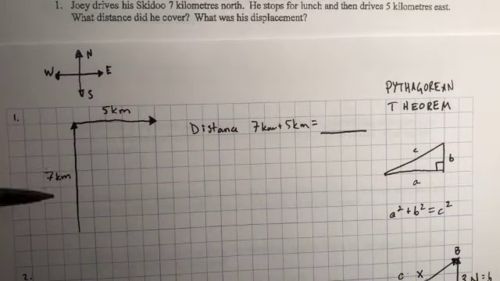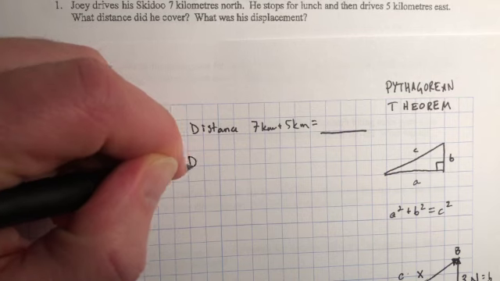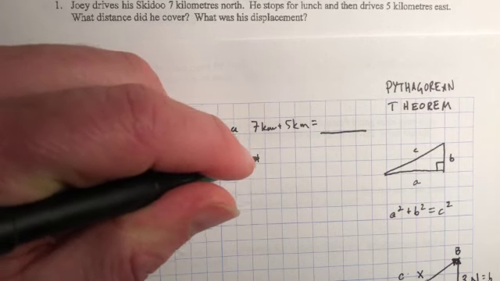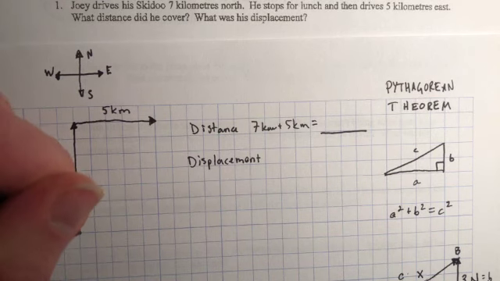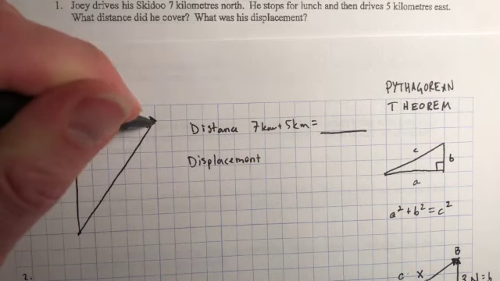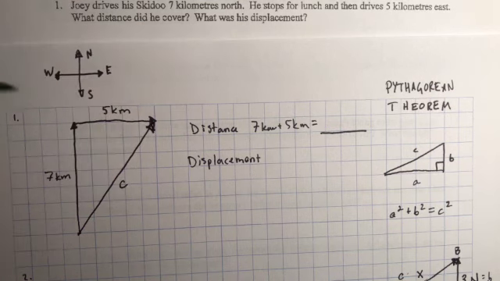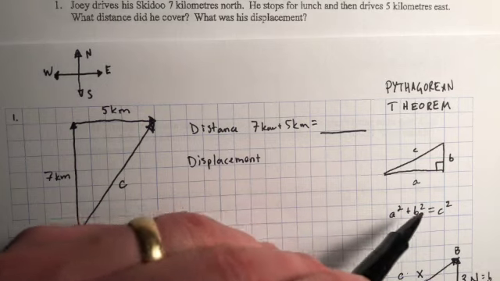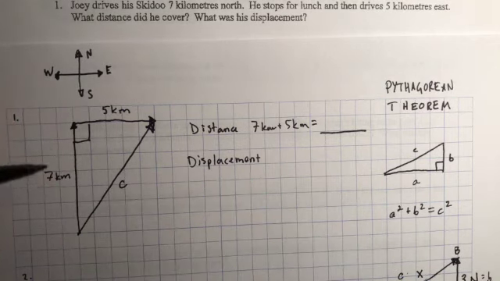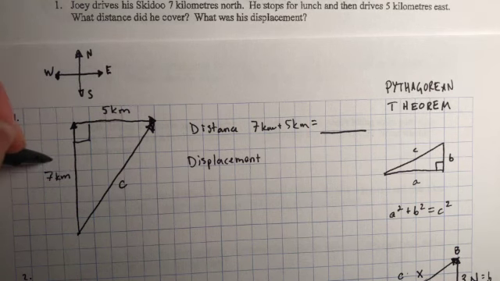But his displacement is going to be from where he started up to where he finished. That's going to be our side C. Now again, it's not oriented the same way I had it over here. This is where my right angle is right here. This is still side C, so we need an A and a B. Let's just call this A and call this B.